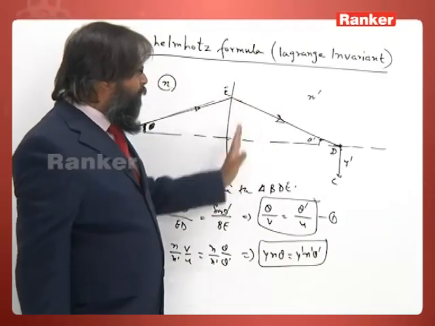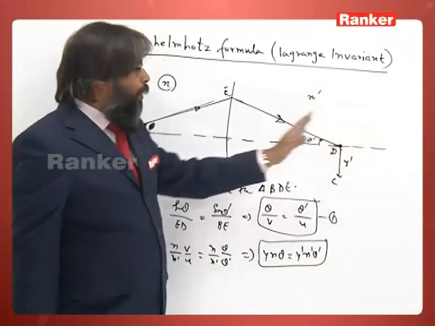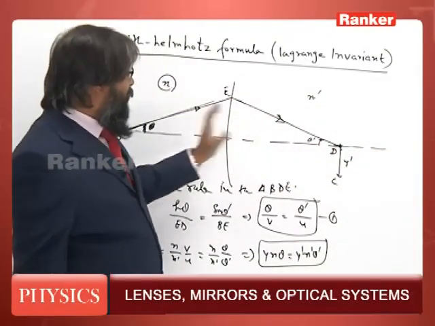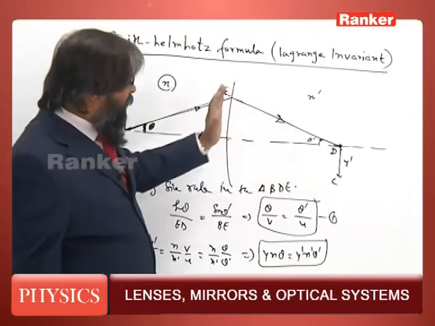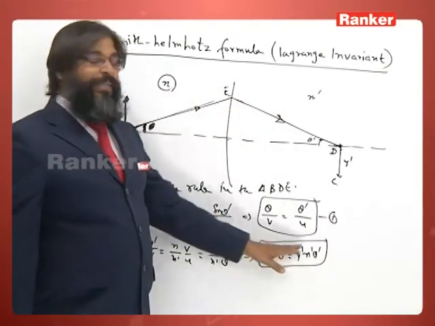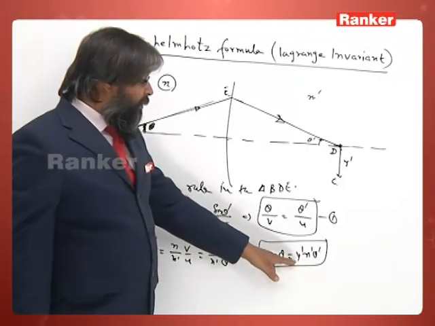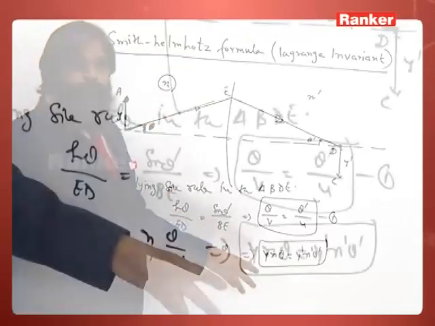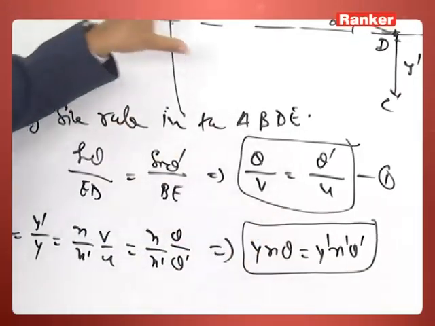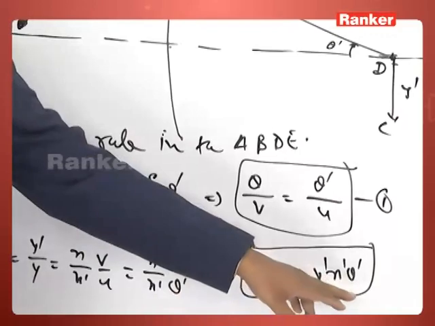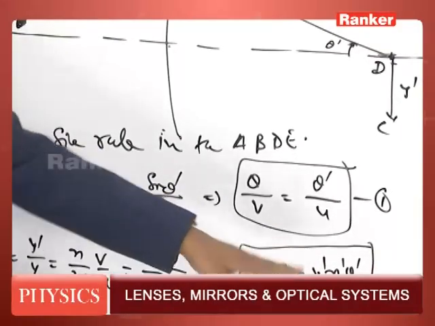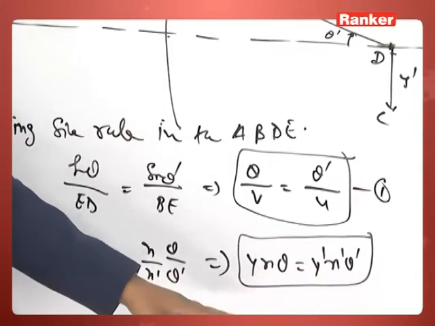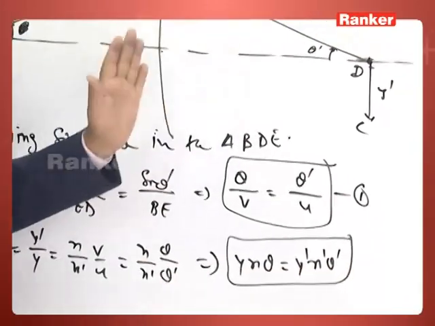Whatever the number of lenses, even with four or five systems, you can take it in any medium. That means in the middle of the lens system, anywhere, you can use this expression, y n theta is equal to y dash n dash theta dash. This is not a proof, I have just justified it with an example that this will be a constant, but it can be generalized and will be highly helpful in a complicated network of lenses.